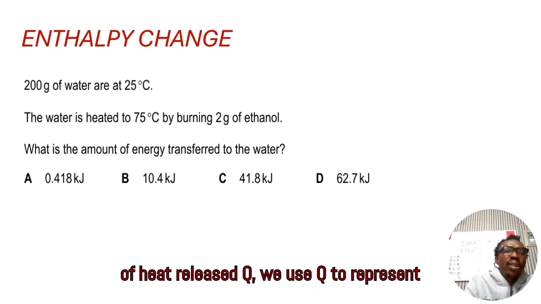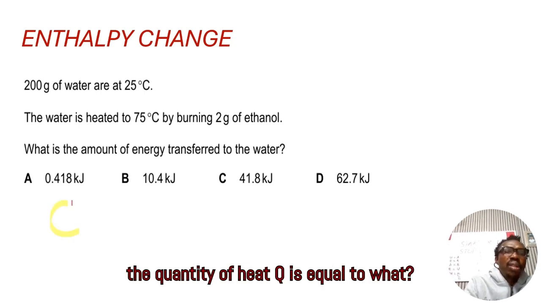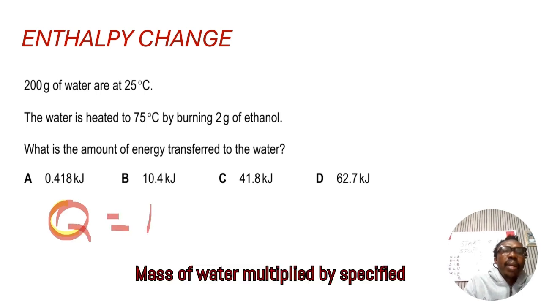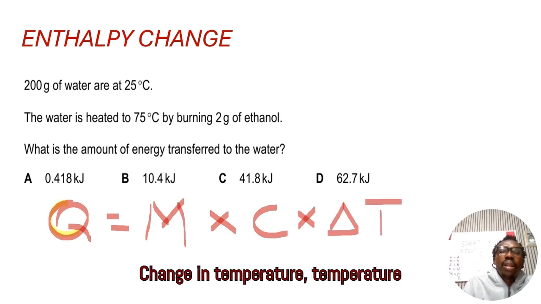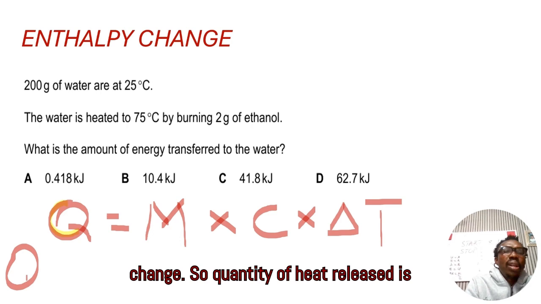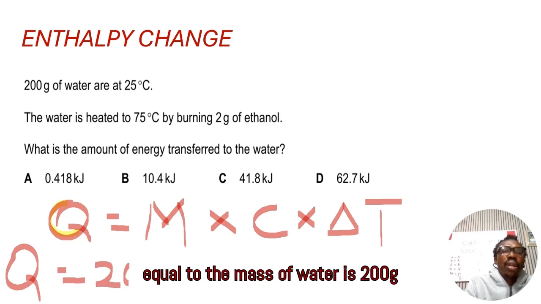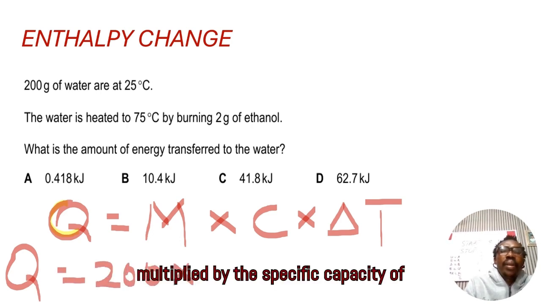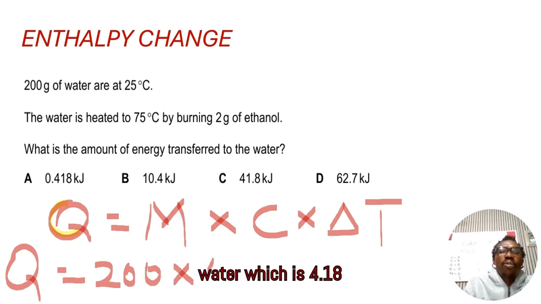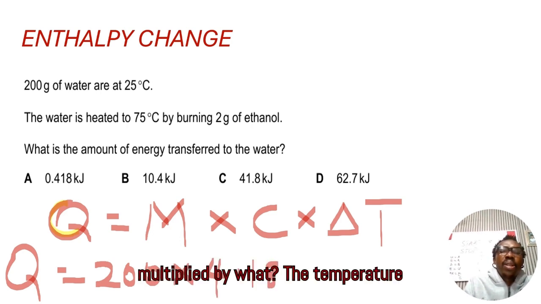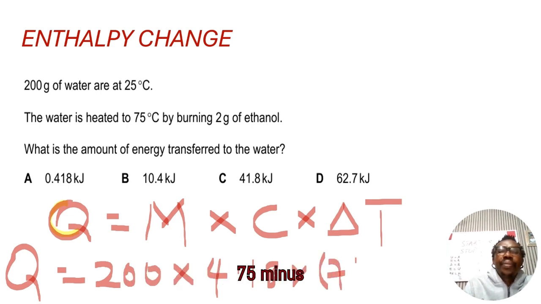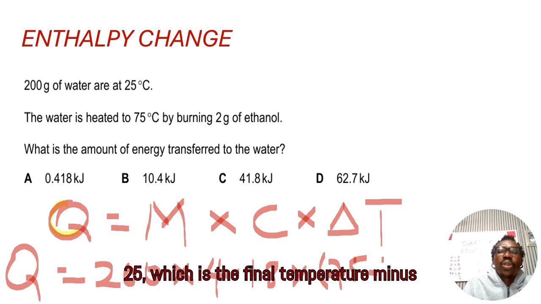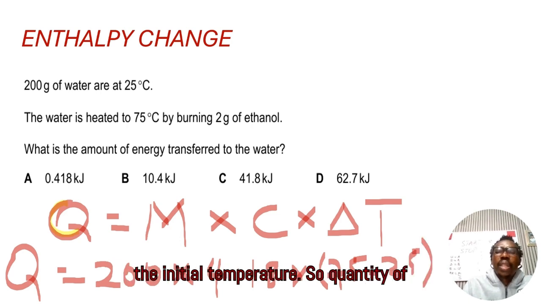So for the quantity of heat released, Q, we use Q to represent the quantity of heat released. Q is equal to what? Mass of water multiplied by specific heat capacity of water multiplied by what? Change in temperature. So the quantity of heat released is equal to the mass of water, 200 grams, multiplied by the specific heat capacity of water, which is 4.18, multiplied by the temperature change, which is 75 minus 25, the final temperature minus the initial temperature.